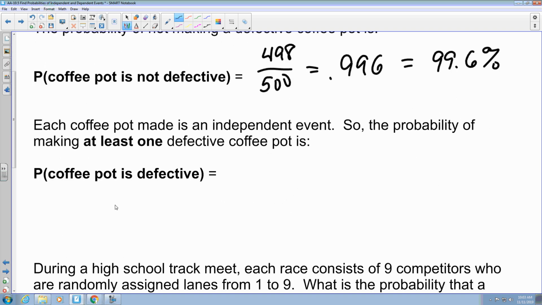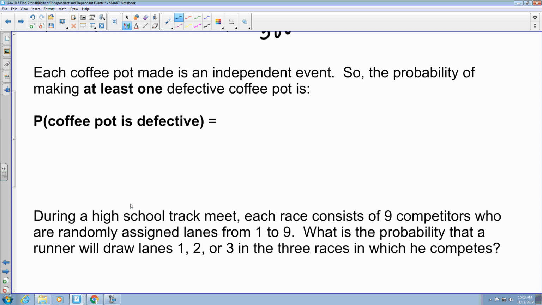Here it says each coffee pot made is an independent event. So the probability of making at least one defective coffee pot is going to use the complement from the previous lesson. It's going to be 1 minus the probability of making a non-defective coffee pot.